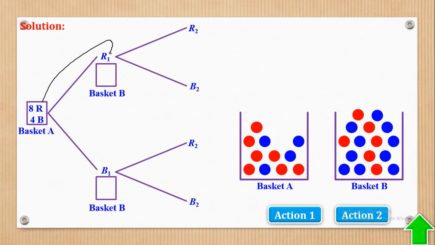When I do that, there were 8 out of 12, so it will be 8 over 12. Now after that, in basket B we have 6 red and 10 blue. Therefore, I can pick red from here. Picking red means it will be 6 over 16 and the complement will be 10 over 16. That is the first action.